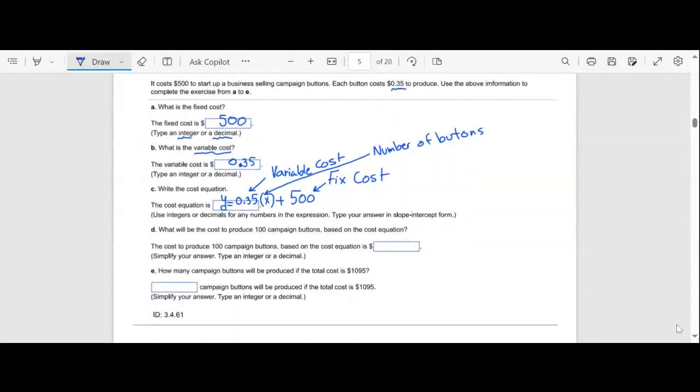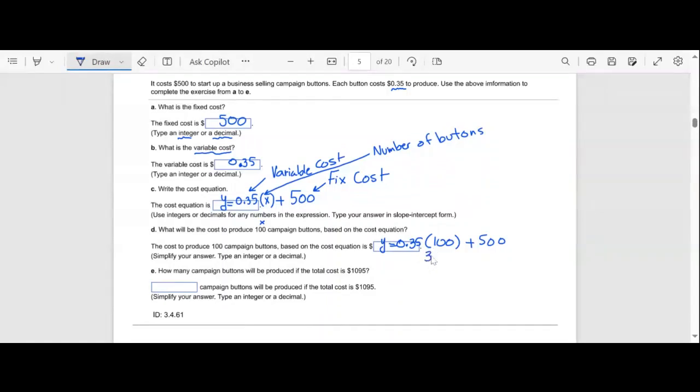Next, what will be the cost to produce 100 combined buttons based on the cost equation? He's giving you the x value. The x value here is 100. So we can say y equal 0.35 times 100 buttons plus the fixed cost. Use the calculator and get the answer.